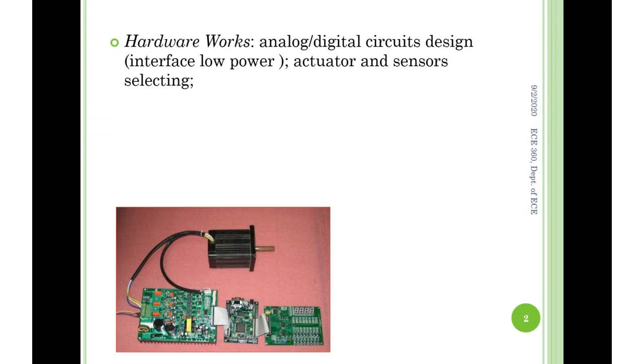Okay, combine them together. Sometimes you might see they're integrated together. That's absolutely possible. However, it requires more experience and more complication in terms of PCB designing.